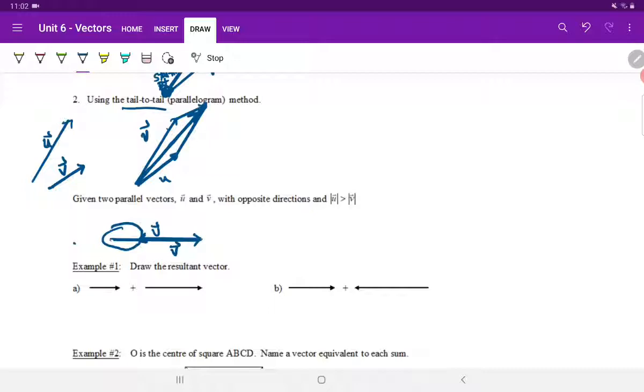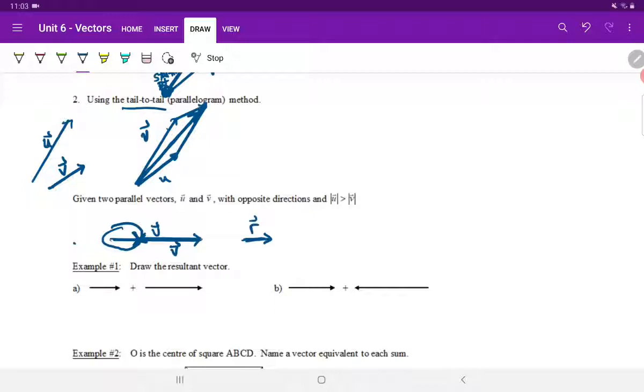That is your resultant vector, okay? And which way is it pointing? Well, my u vector was larger than my v vector, so this is actually going in this direction like so. So if I were to draw my resultant vector, it would just be this.